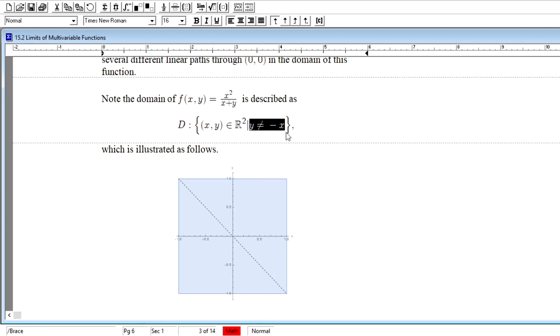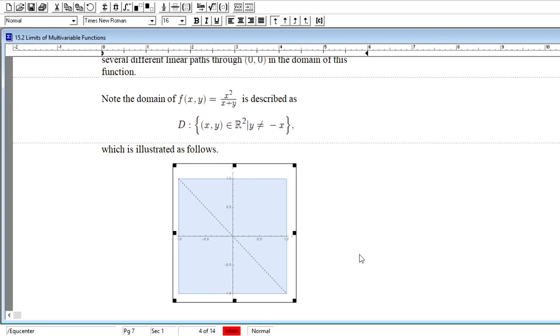Which is illustrated in this following illustration, folks. Our domain is every coordinate in this xy plane except where y equals negative x, which falls along this dotted line, this diagonal line running through quadrants 2 and 4 in our coordinate space.